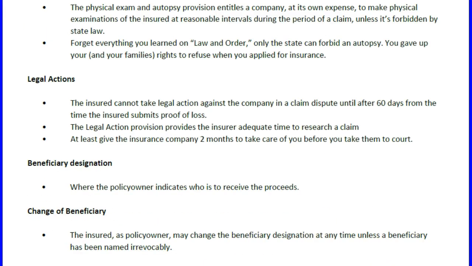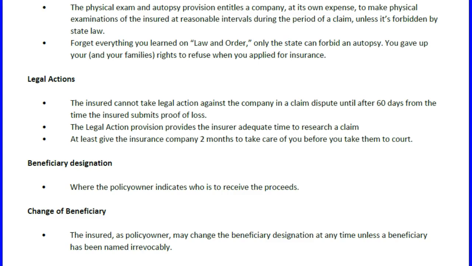Legal actions. The insureds cannot take legal action against the company in a claim dispute until 60 days from the time the insured submits proof of loss. So you have 60 days. You have 20 days to say that you had an issue.